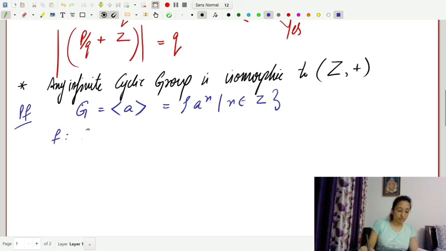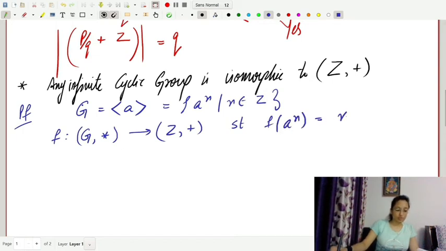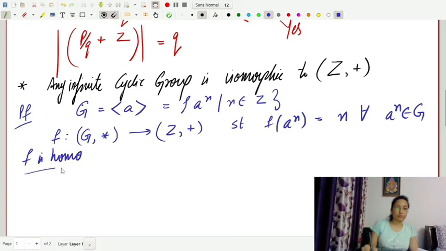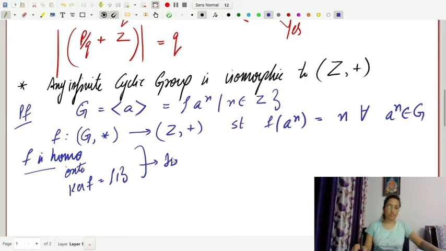Now f from G under the group operation star to Z under plus is defined such that f of a raised to power n is equal to n for all a raised to power n belonging to G. f is a homomorphism. It is onto and the kernel of f is the identity. Therefore, it is an isomorphism, which in turn implies G is isomorphic to Z under addition.